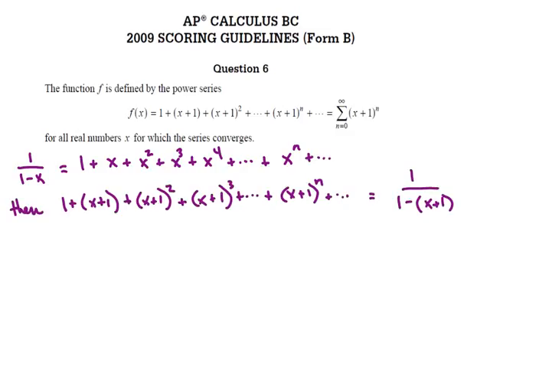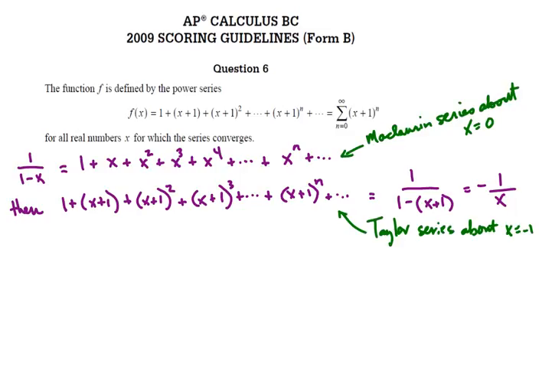It should be the Taylor series that is centered at x equals negative 1, and it should converge to negative 1 over x for all real numbers x on which the series converges.